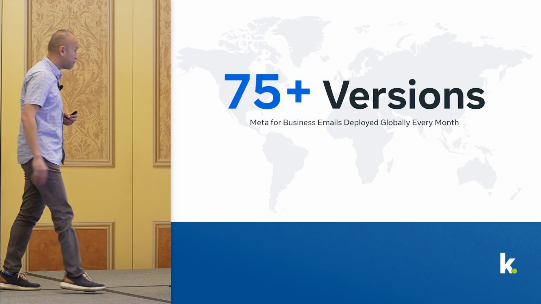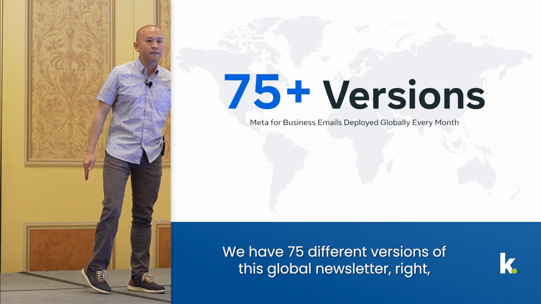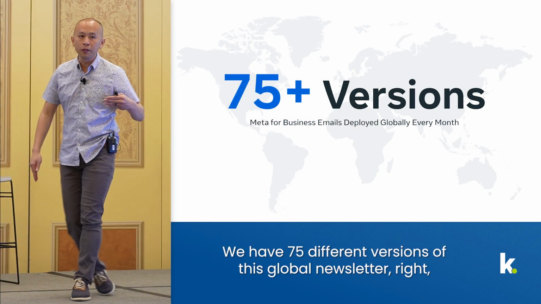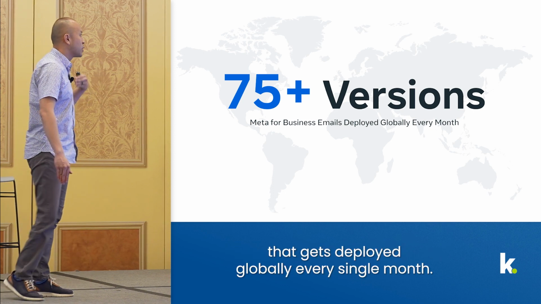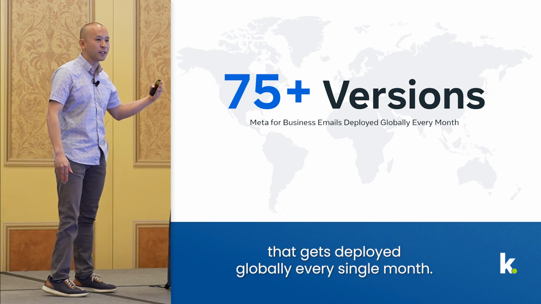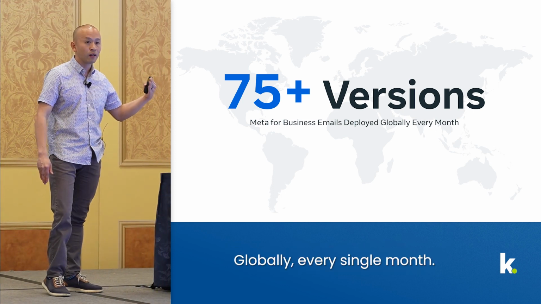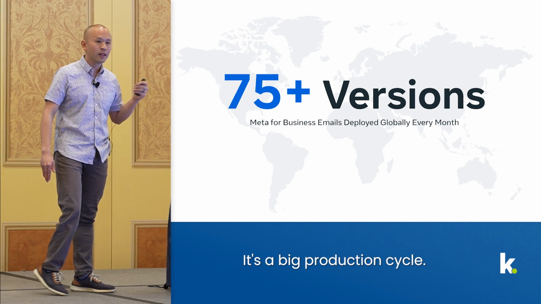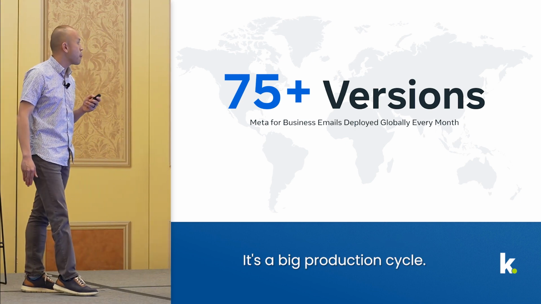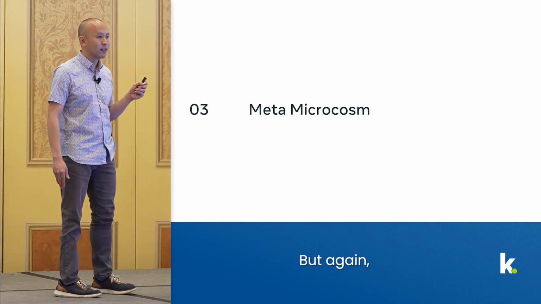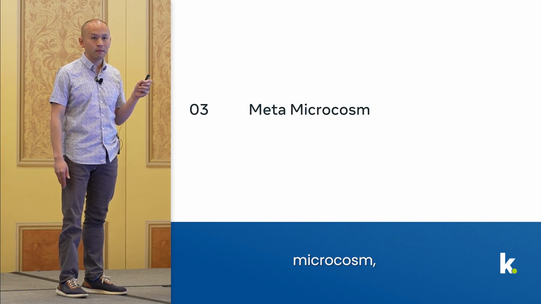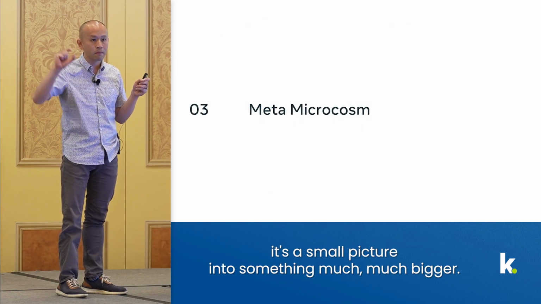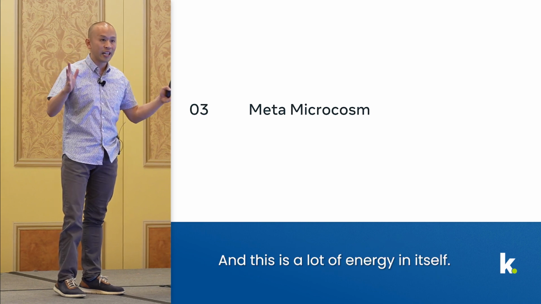At the end of the day, we have 75 different versions of this global newsletter that gets deployed globally every single month, right? It's a big production cycle. Okay. But again, microcosm. It's a small picture into something much, much bigger. And this is a lot of energy in itself.